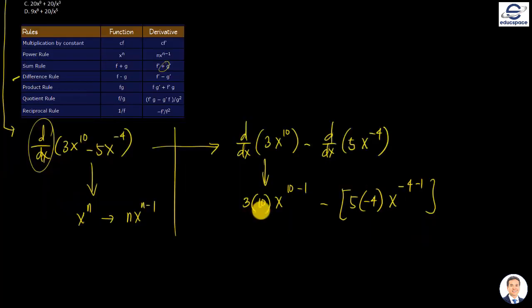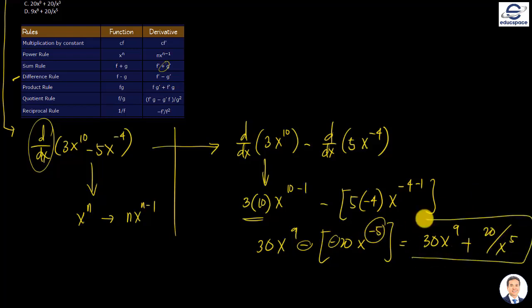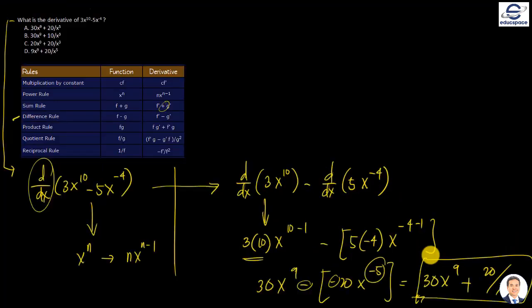We further simplify: 3 multiplied by 10 is 30, x to the 9, minus -20, x to the -4 minus 1, which is -5. So we have 30x to the 9, and negative multiplied by negative gives positive, so 20 over x to the 5, since a negative exponent can be written as positive if we put it in the denominator. So this is our final answer. The answer here is letter A.